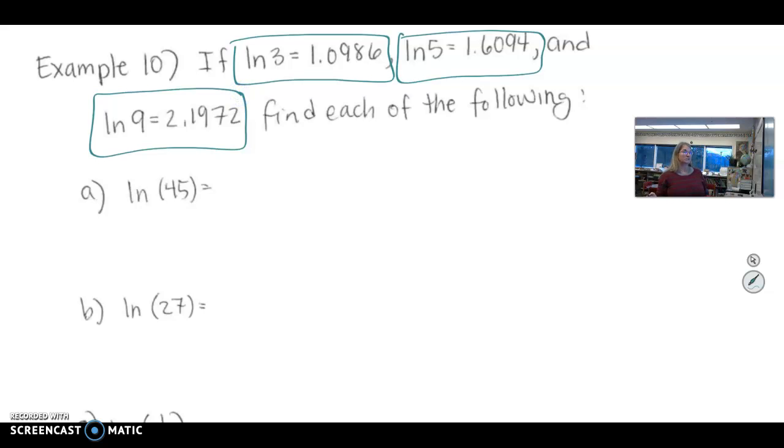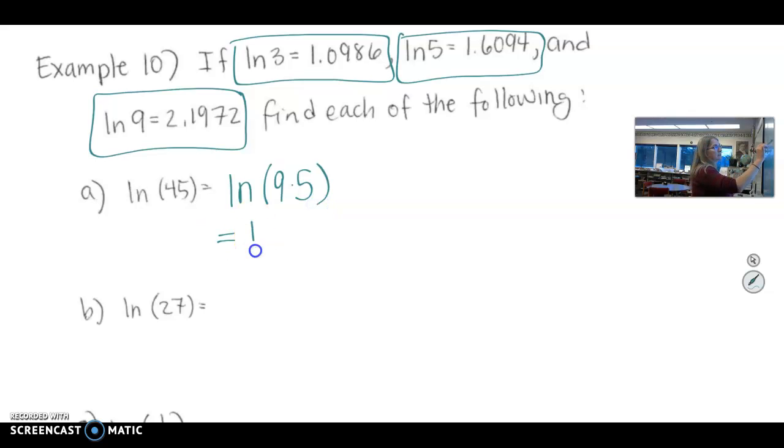So what we want to do is use the facts that are given to us, and we're going to find the natural log of 45. But what you want to make sure that you're doing is you're going to look at, like, 45, how can we get 45 from the information given? Well, if we multiply 9 times 5, that's equal to 45.